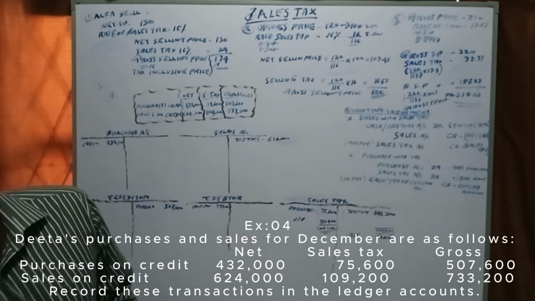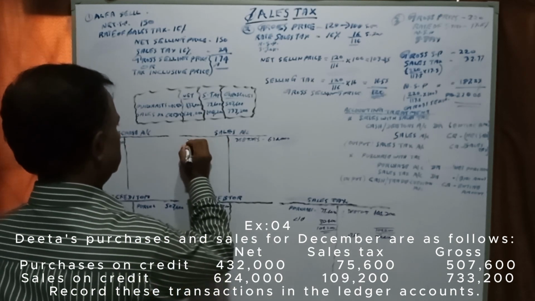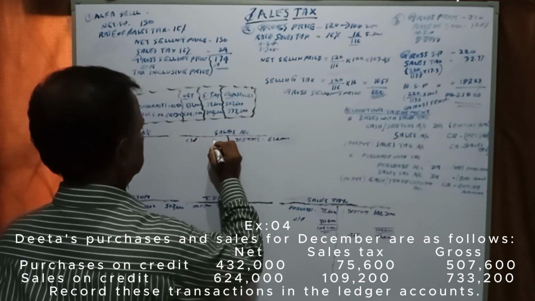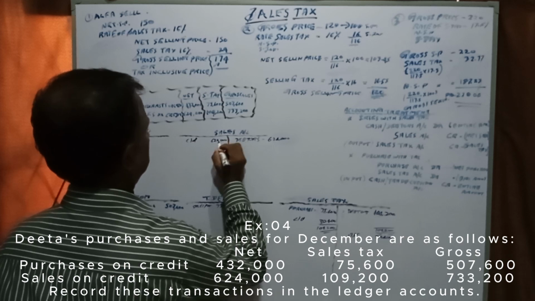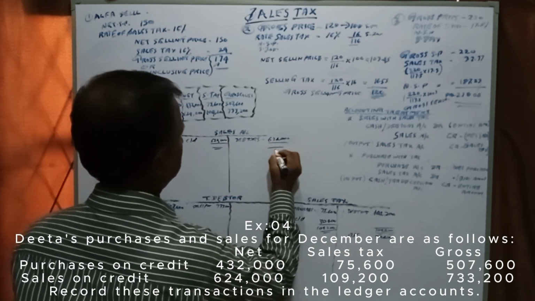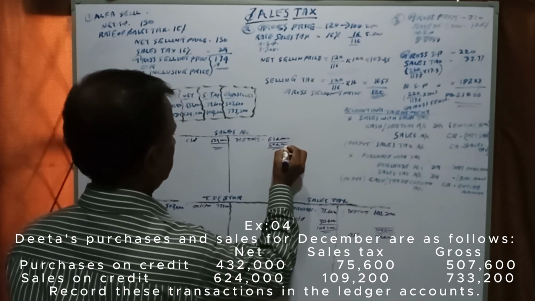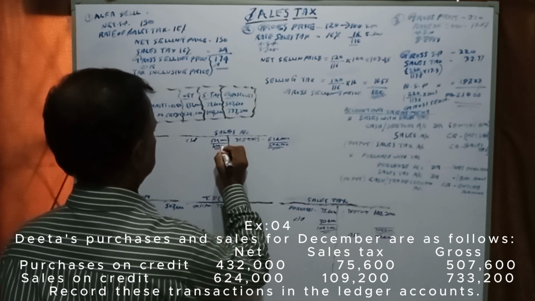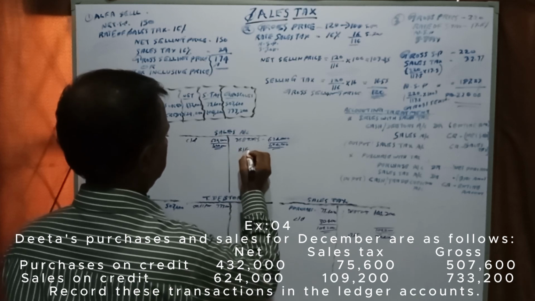So, the ledger accounts. This is the ledger account. Carried down 624,000. If they ask you to prepare the ledger accounts, you have to balance it; you cannot leave it open. 624,000 balance brought forward.